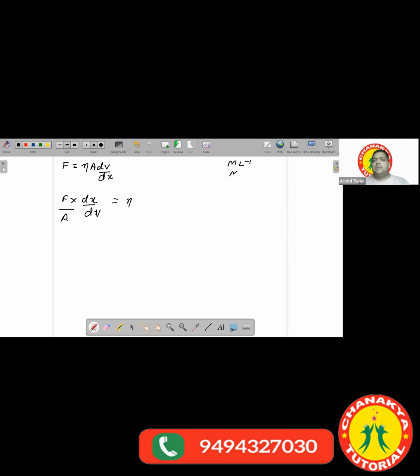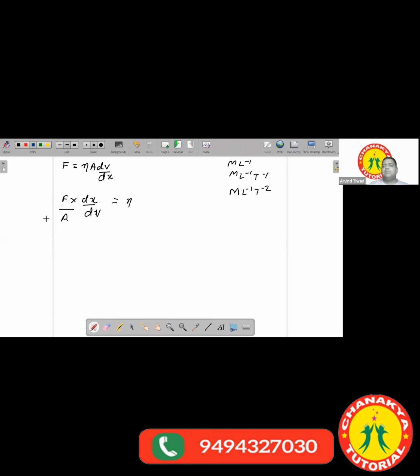Okay, you are getting ml minus 1, t minus 1. Let's have a look. Okay. Anyone else who is left now? Pritam? Sir, ml minus 1, t minus 2. ml minus 1, t minus 2 you are getting. Okay. So let's check it out.